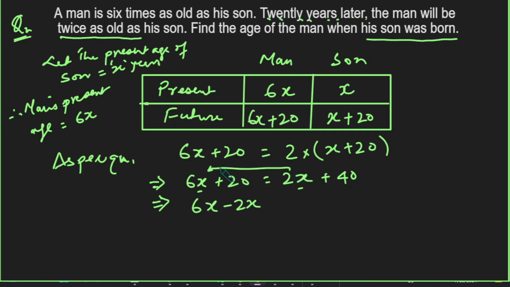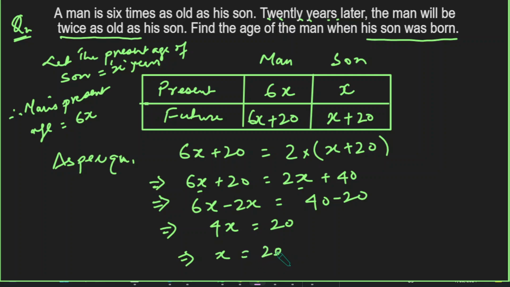We are transposing this to this side, so it becomes minus, and then 40 minus 20, because this 20 will be transposed to minus, and the sign will change. Ultimately we see that it is 4x equals 20, and finally we get the value of x, that is 20 upon 4, that is 5. So 5 is the son's present age.